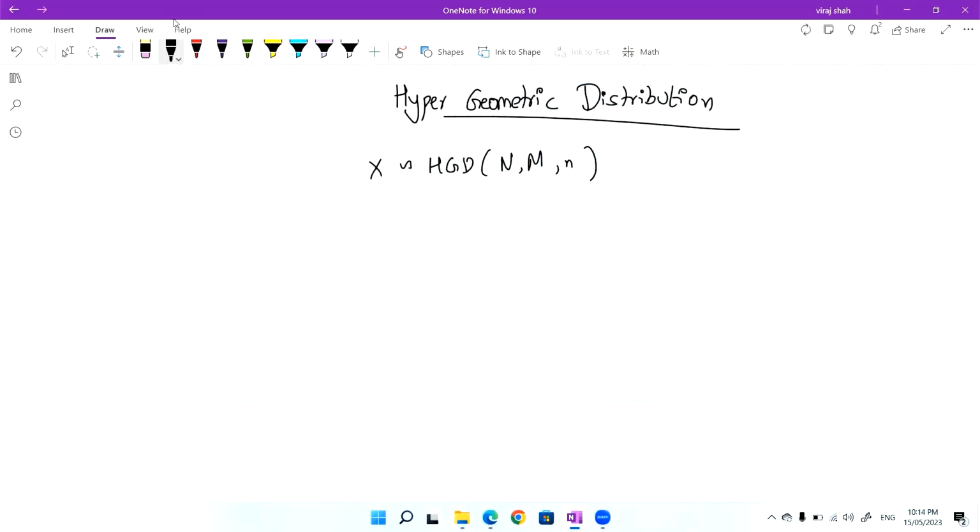It would be too confusing, right? So let me just divide it so that you understand what we are doing. So here, X is nothing but number of successes in a sample size. Your capital N basically denotes, let's not go to capital N, let's do capital M. Your capital M denotes nothing but number of successes.